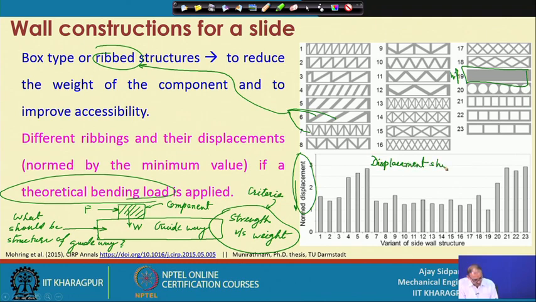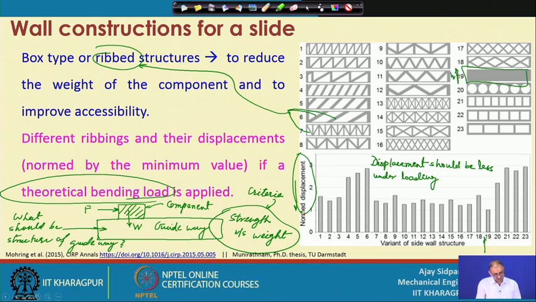displacement should be less under loading, correct. So, now if you see this one, the 19 has probably the lowest one, correct. It is the completely solid body, but again our weight is very high.